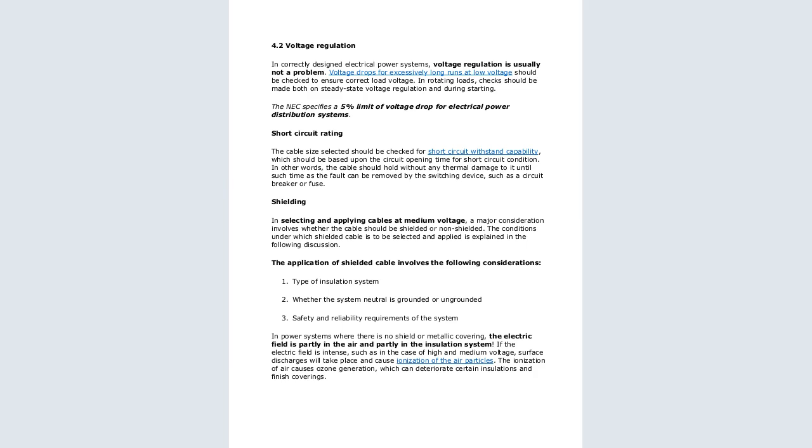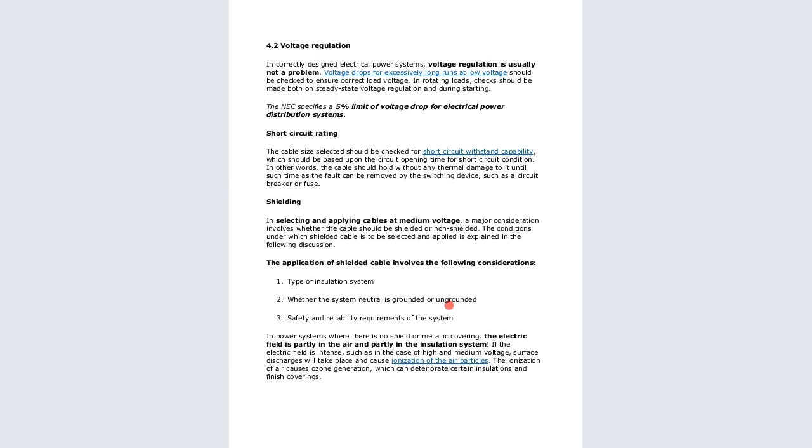In selecting and applying cables with medium voltage, a major consideration involves whether the cable should be shielded or not shielded. So what does this shielding mean? The shielding means that this is now the extra insulation, the type of insulation that is being used. The conditions under which shielded cable is to be selected and applied are explained in the following discussion.